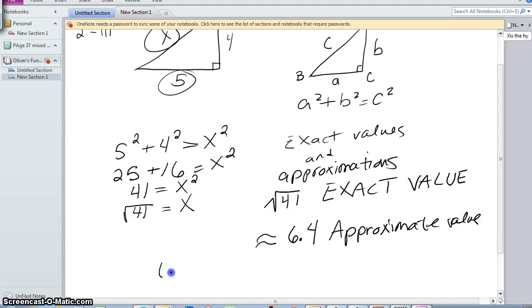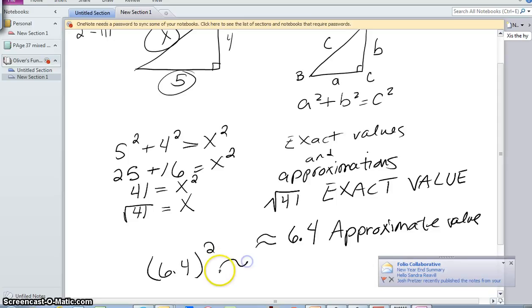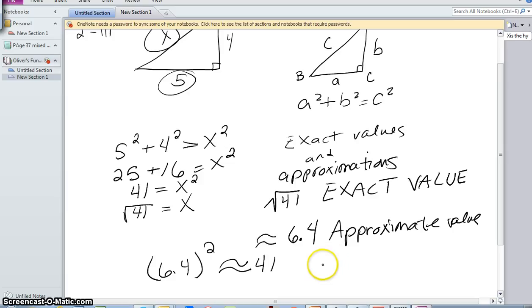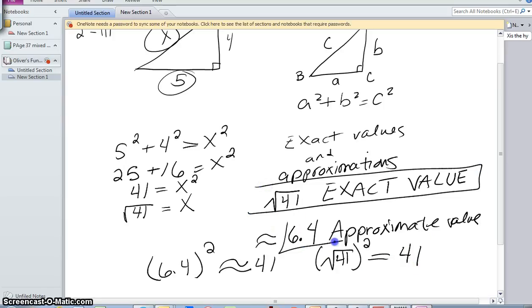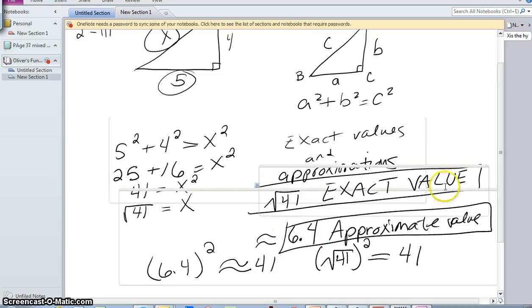If you square 6.4 in your calculator, you get something close to, but not exactly, 41. When you square the square root of 41 in your calculator, you get exactly 41. So concentrate on the difference between the exact value and the approximate value and practice giving the correct one.